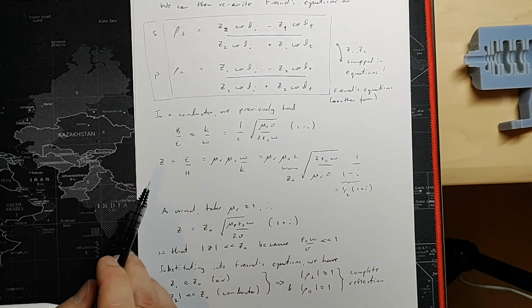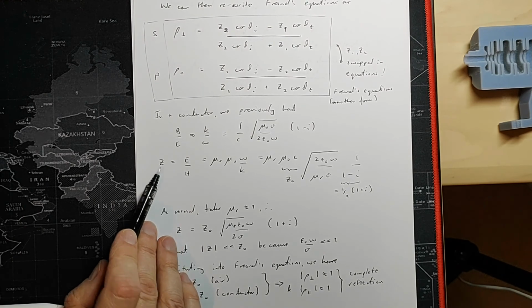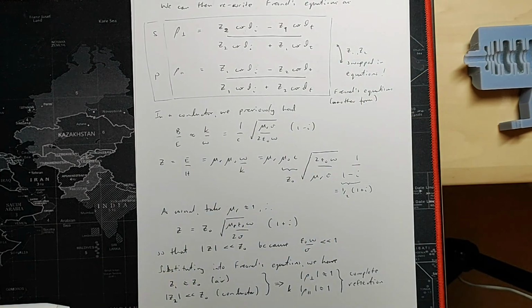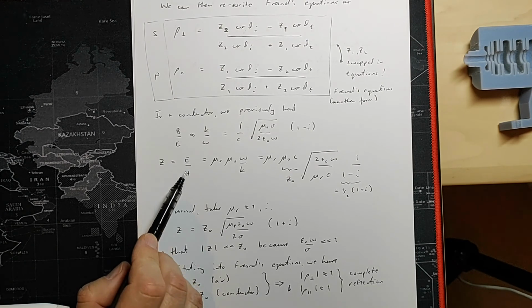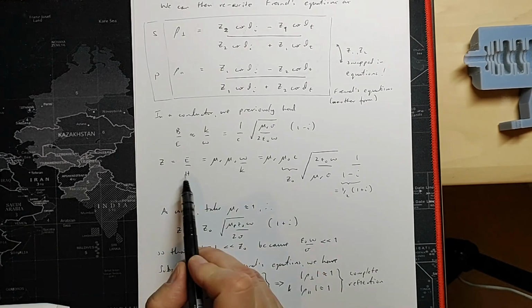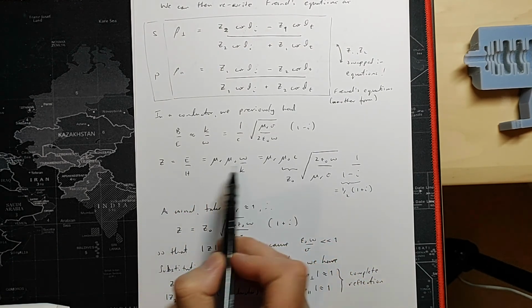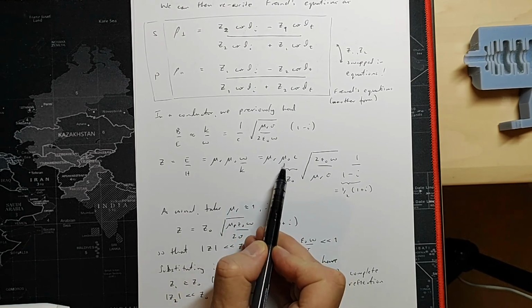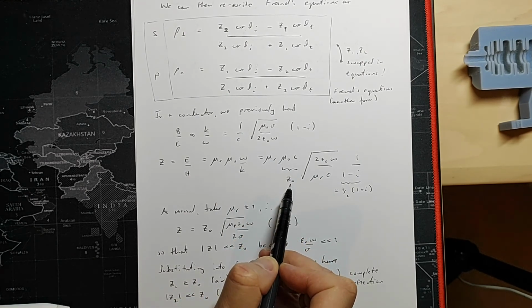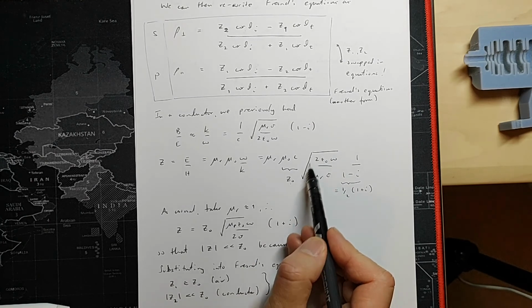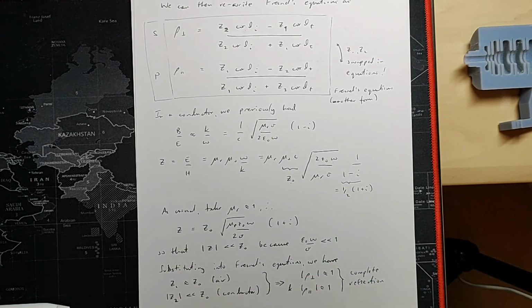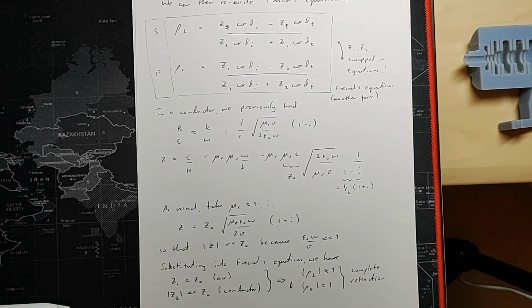So now we can write down what the impedance is when we apply it to the Fresnel equations here. The impedance is E over H, and when we write this all out, we can identify that we have mu r here, we have mu naught c, which is the free space impedance, and then we have this term here, which depends upon the conductivity and the frequency.